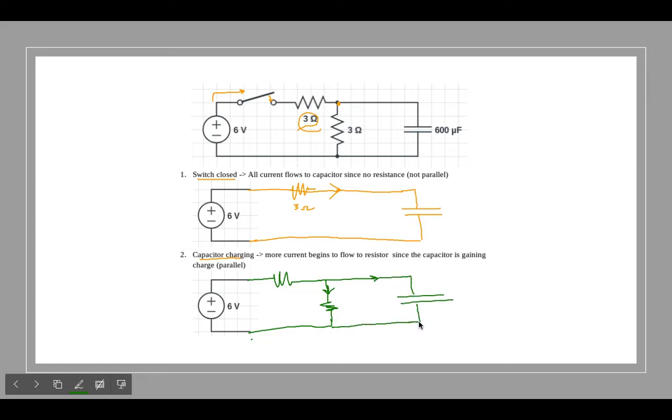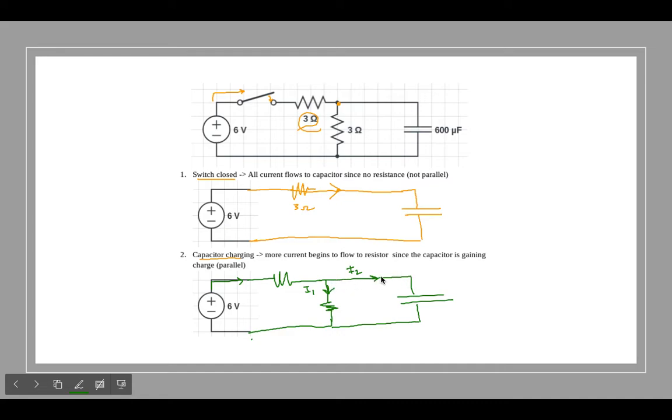So here we have I1 and I2, and the current splits. Whatever the current was coming out, now it's splitting into these two pieces. It's still flowing out of here, and it splits. This is the beginning, so this is your initial amount, and now it starts splitting between the two.